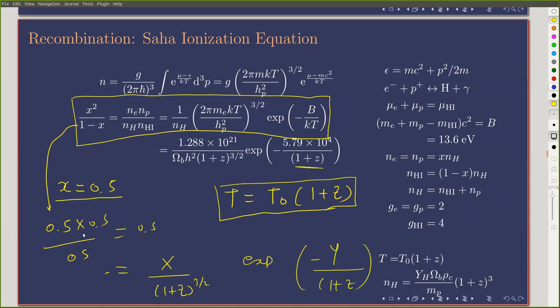If you want to solve it for z, you can take the log of both sides, or you can solve it numerically, it's up to you. You get approximately the same result: for x equals 0.5, you get z equal to around 1360, when you are assuming that there is only hydrogen in the universe, which means that this one is equal to 1, not 0.75. Is that fine?